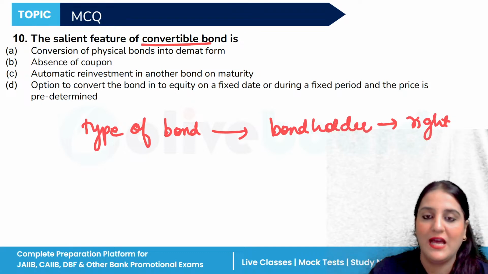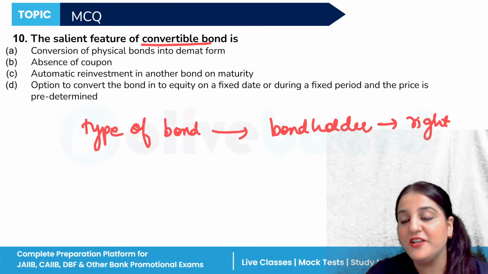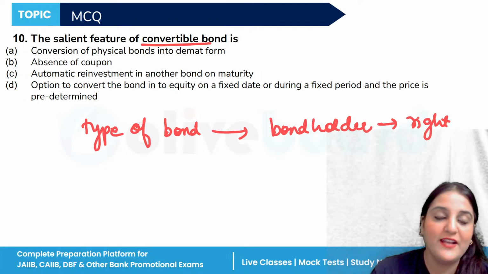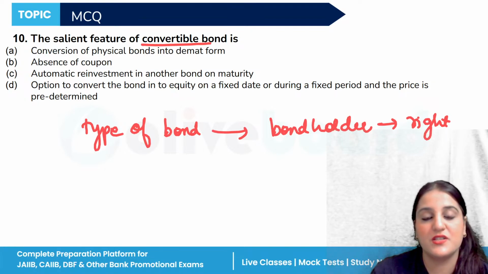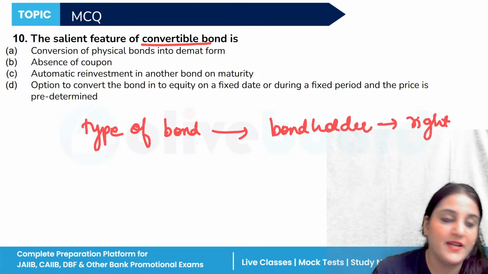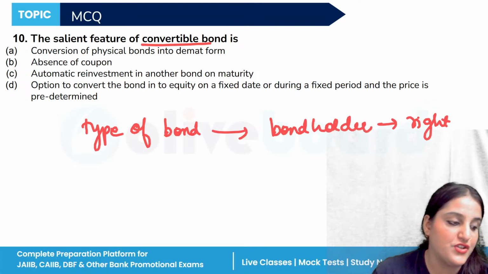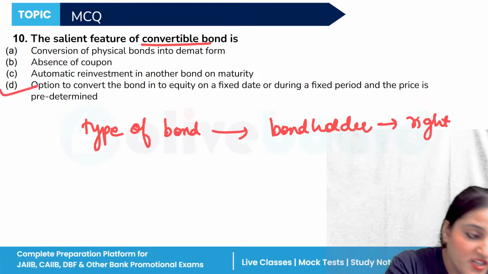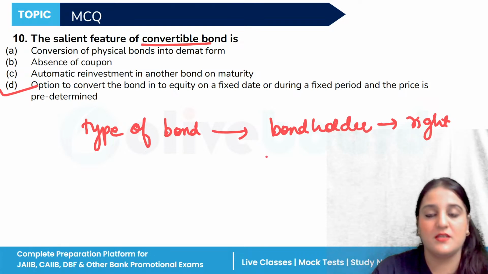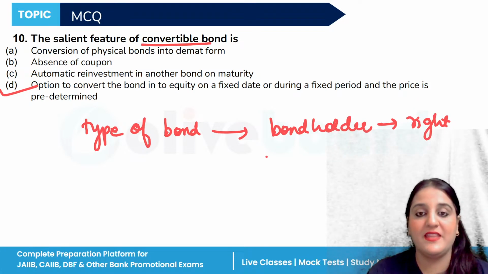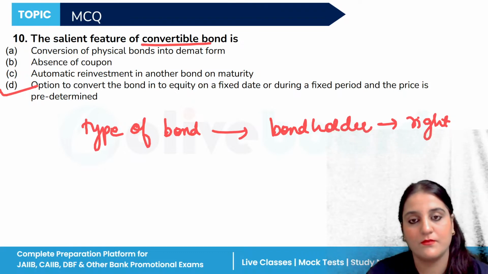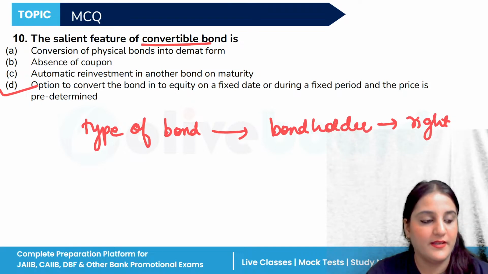This feature also allows investors to benefit from the potential appreciation in the company's equity value while also receiving a fixed interest rate until conversion. So here the correct answer is, the salient feature is the option to convert the bond into equity on a fixed date during a fixed period and the price is predetermined. D option is correct here.